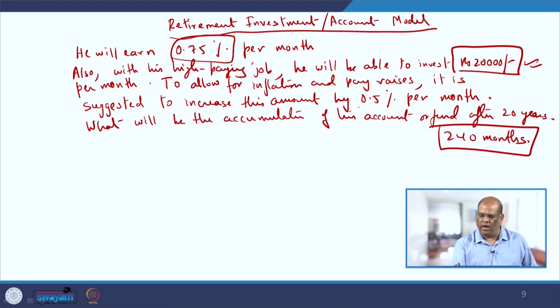And it is suggested that every month he should increase this amount by 0.5% to take into account the inflation and the pay rises.